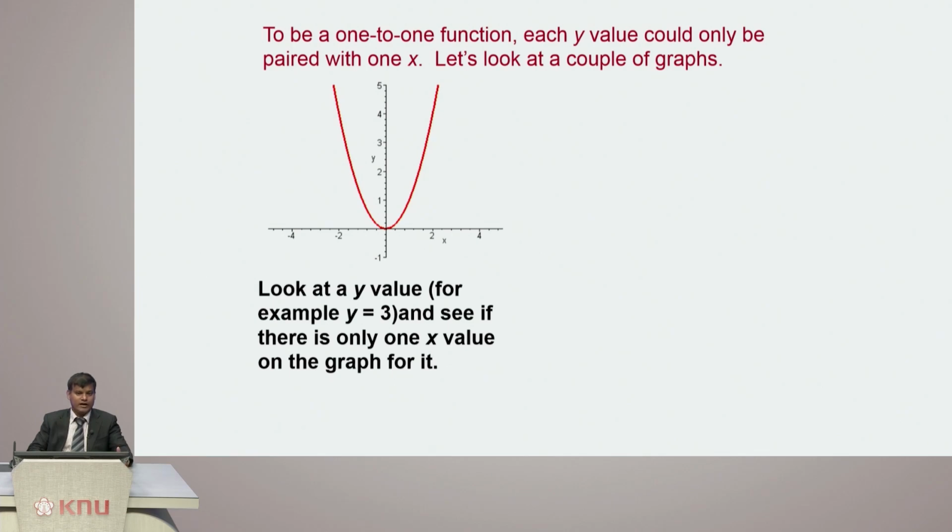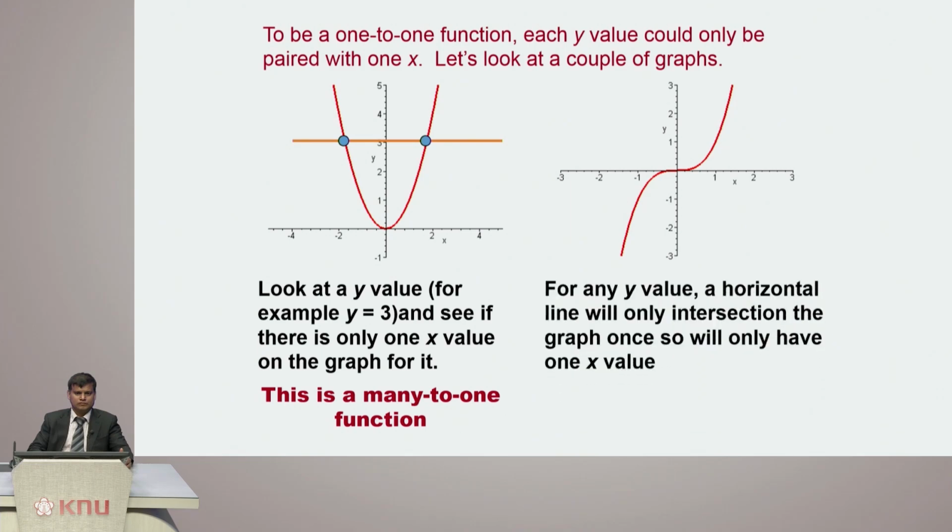For example, y is 3, and see if there is only one x value on the graph for it. If you have this scenario, this is a many to one function, and for any value y, a horizontal line will only intersect the graph once, so you will have one x.